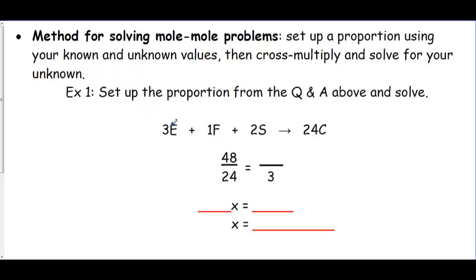Here is the previous proportion. We have 3 eggs, 1 cup of flour, 2 cups of sugar will give us 24 cookies. If we change this, our recipe is not going to come out right. So here's the setup. We need 48 cookies, and the recipe that we have makes 24. The question was, how many eggs?